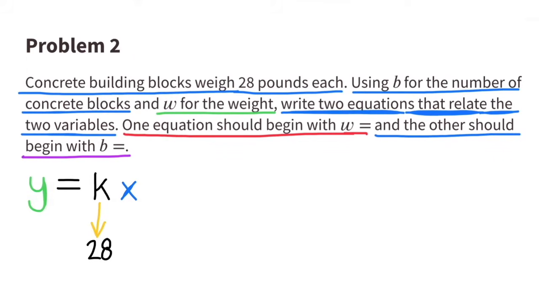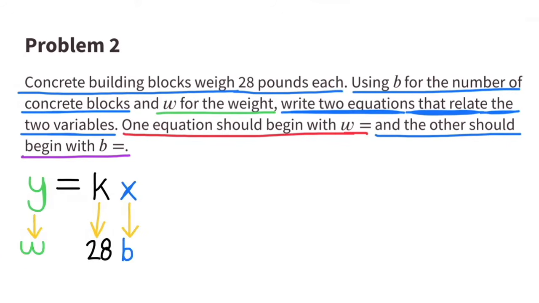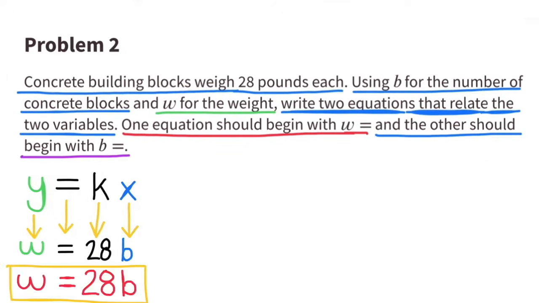The k, in this case, is 28 for 28 pounds. The y in this case is represented by the W for the total weight of all the blocks. And the x is represented by a B for the number of concrete blocks. So W equals 28B, or W equals 28 times B.